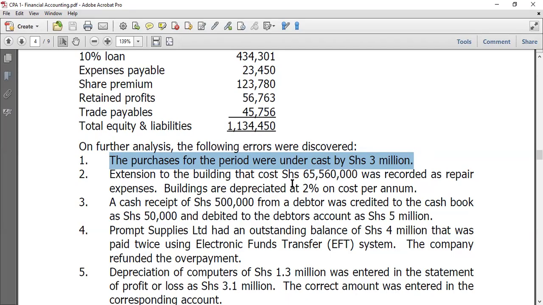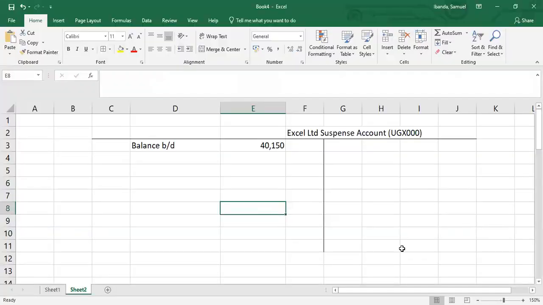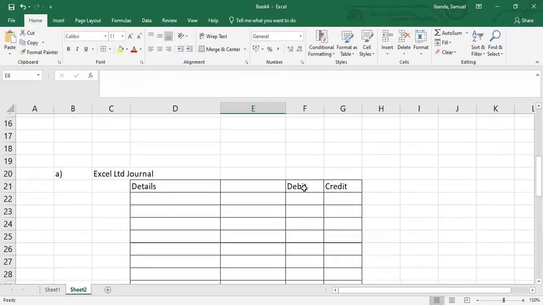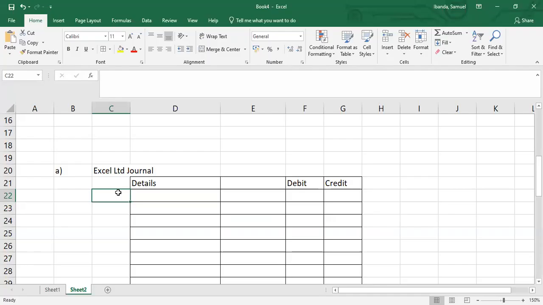So the first thing I'm going to do here is debit my purchases. I'm going to debit my purchases by 3 million because I want to increase them by 3 million. So when I come to, let's say, right here within my details, maybe this is error number 1, I'll debit my purchases.